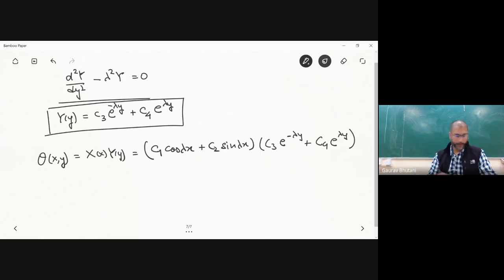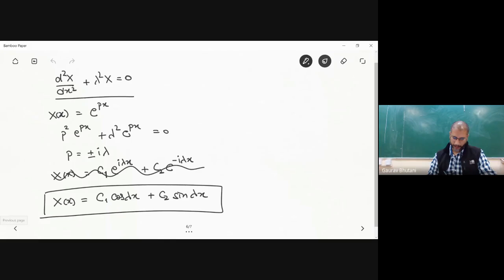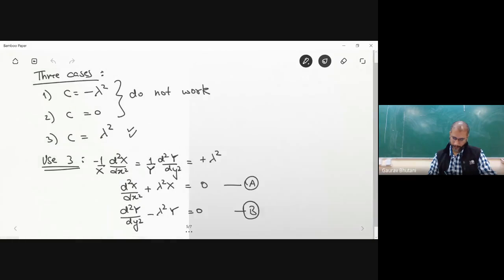So this is your general form for theta. Now that we have this solution for theta, I already know that the case 3 that I have given you works. So this case 3 is what works, and I know that the boundary conditions when I substitute will work for me.